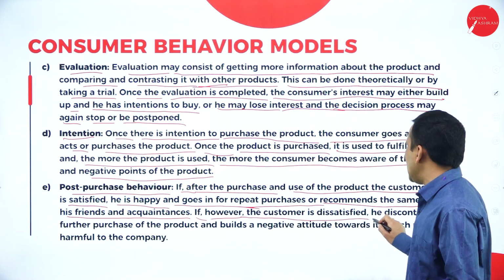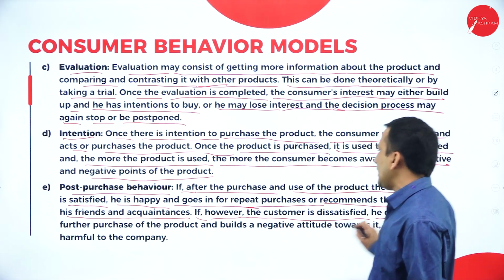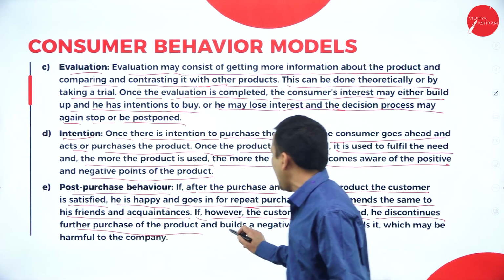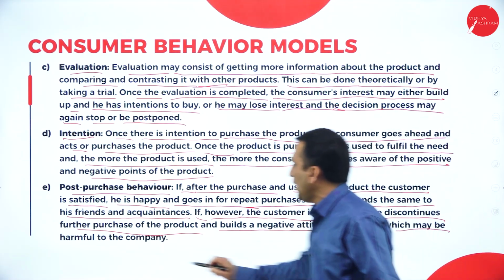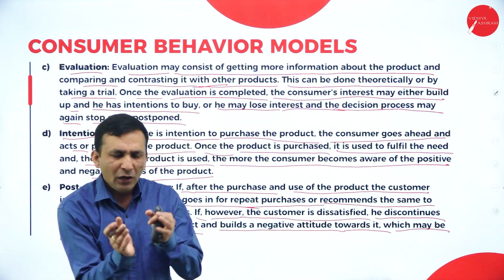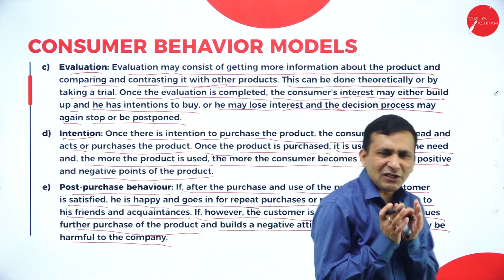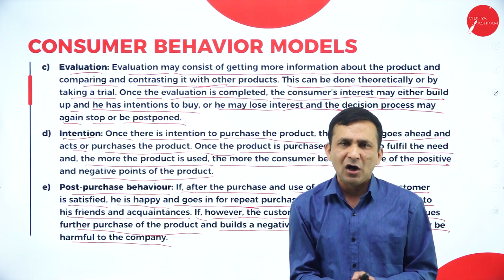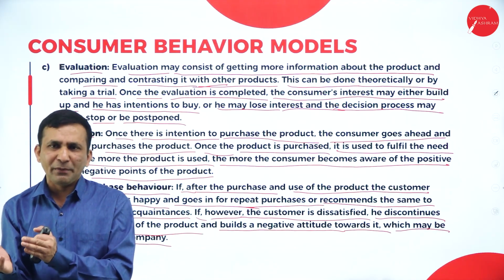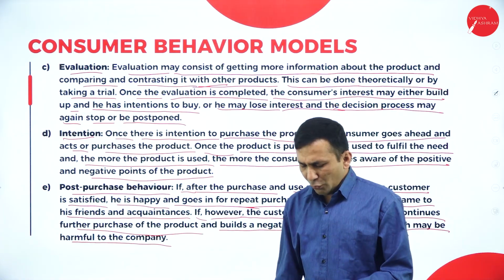However, if the customer is dissatisfied, he discontinues purchasing the product and builds a negative attitude towards it, which may be harmful to the company. If consumers are not at all satisfied from using this product or getting utility from it, it leads to a negative impression of the company's product moving forward.